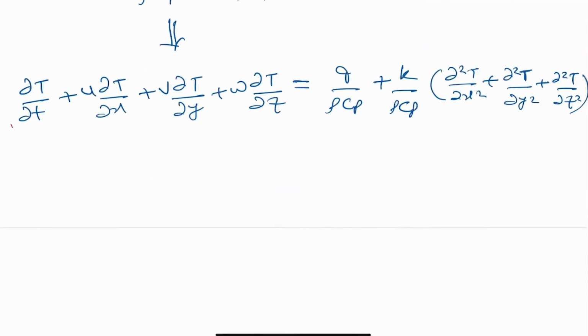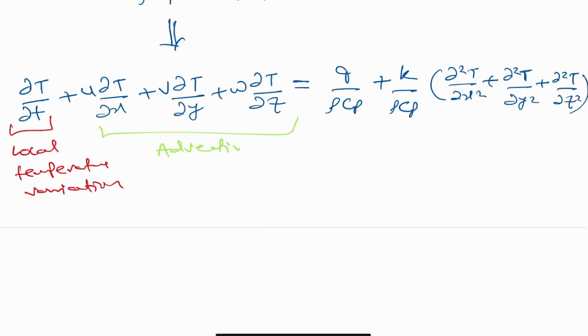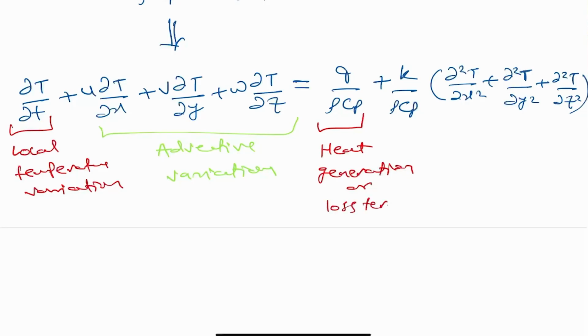Okay, so this is the local temperature variation, these are the advective variation, this is the heat generation or loss term, and this is the heat diffusion term.